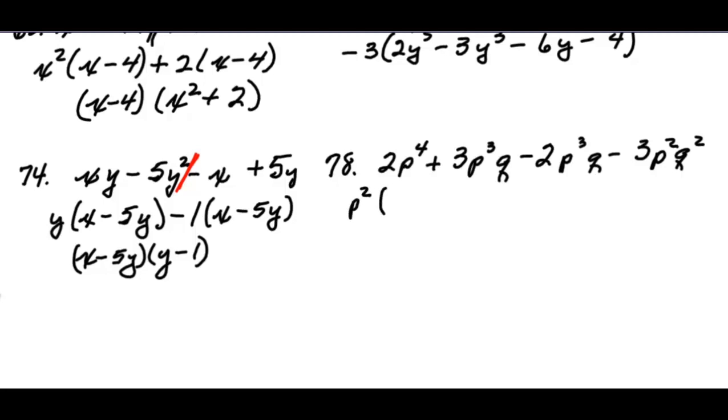And then we have 2p squared plus 3p cubed minus 2p cubed minus 3q squared.